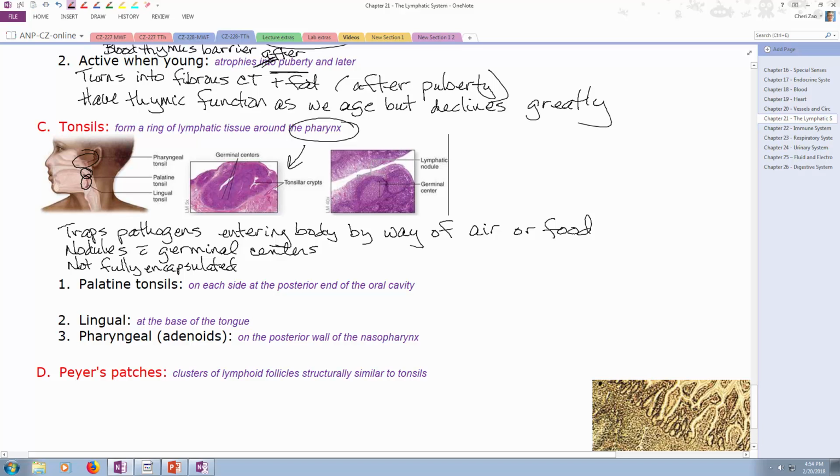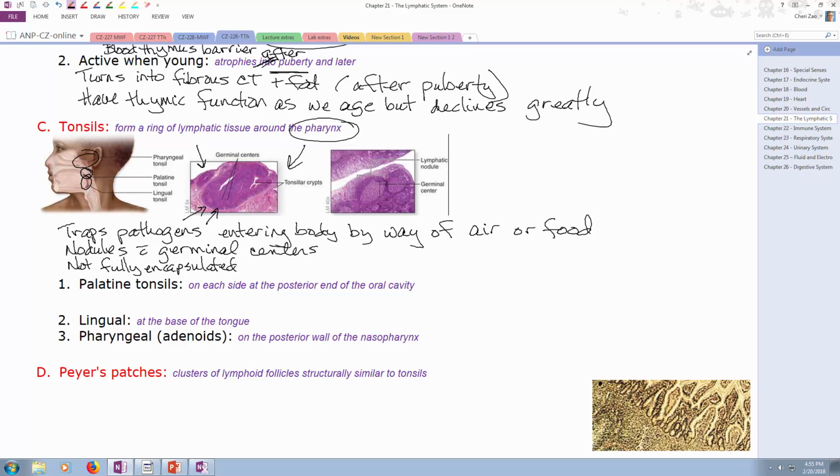So that's a tonsillar tissue right there. And on the surface, what's going to be lining its surface in the exposed area? Stratified squamous epithelium. That's always how you can tell tonsillar material, because it has a partial capsule of stratified squamous epithelium. Because do you have stratified squamous epithelium in this area right here? No, we have soft tissue, and that's why they're not fully encapsulated, because they are embedded in the soft tissue.